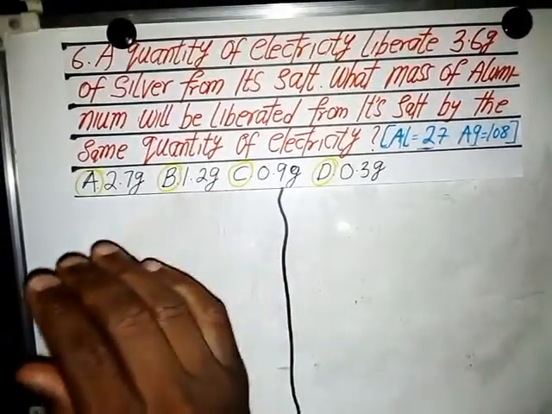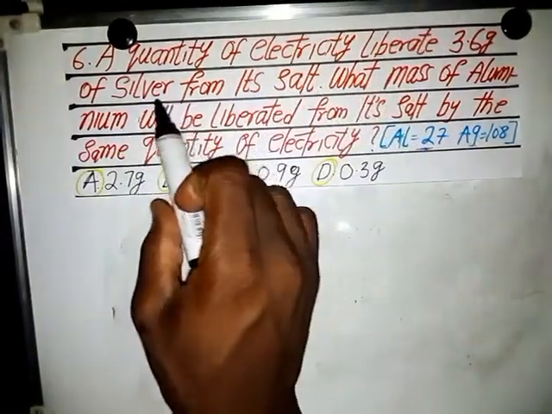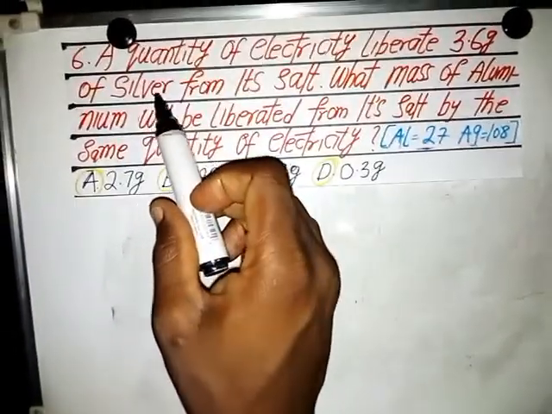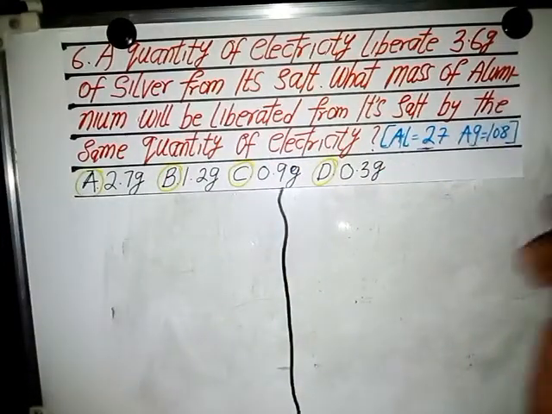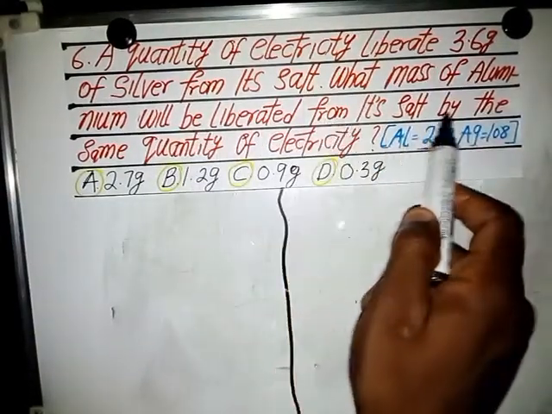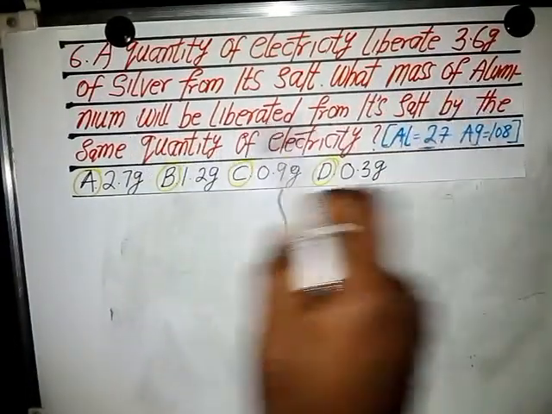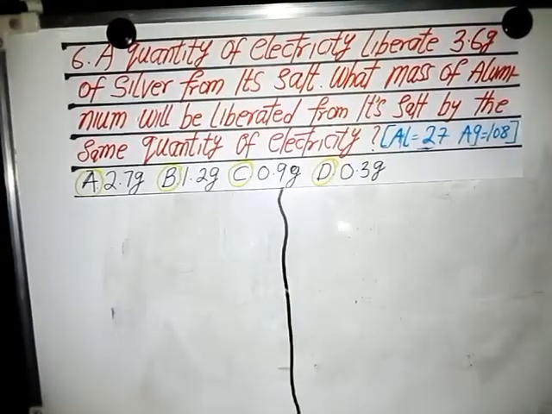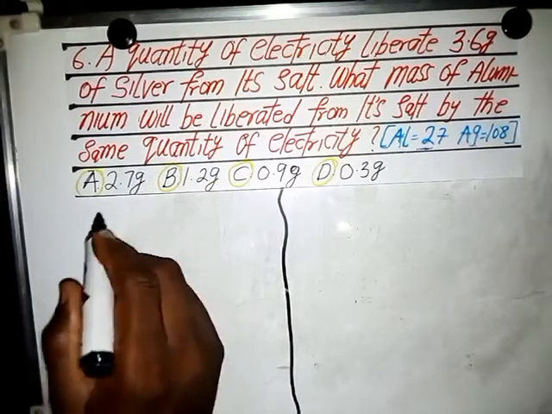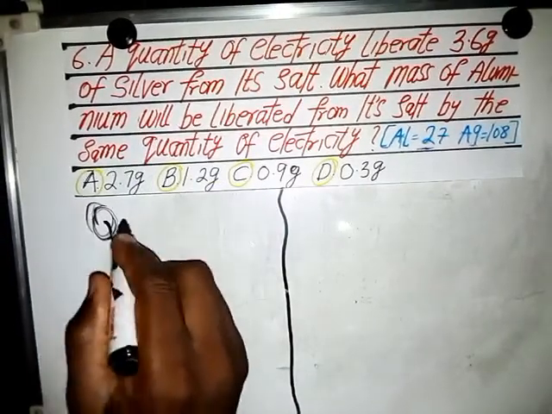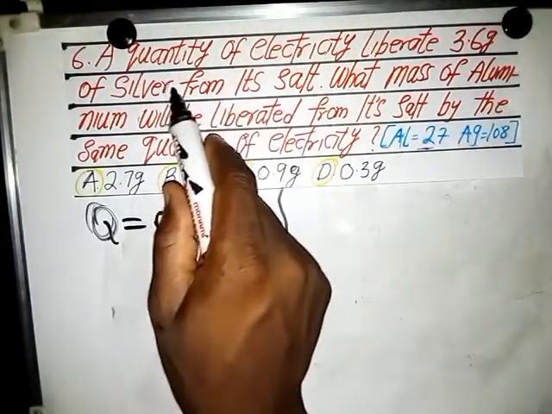I will calculate the quantity of electricity for silver. Then from that, I will use that quantity to calculate the mass for aluminium, because they said what mass of aluminium will be liberated from its salt by the same quantity of electricity. So I'm going to go like this. Q equals NEF. Remember, this one is for silver.